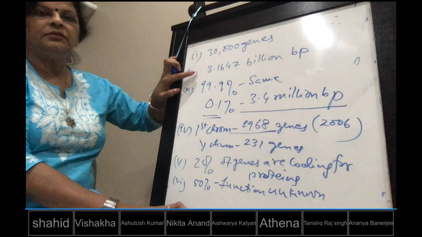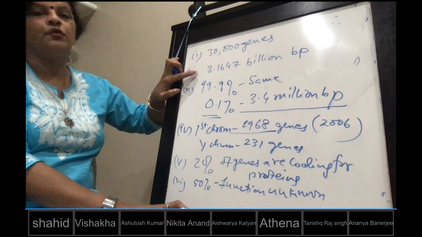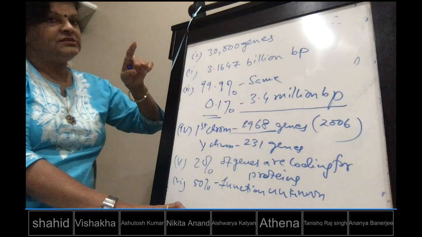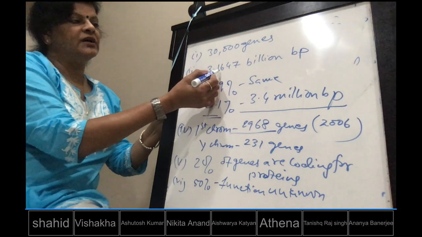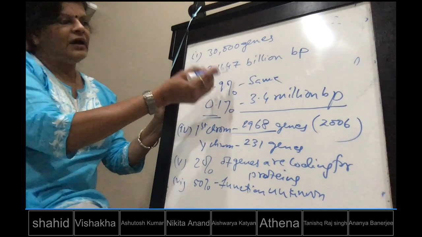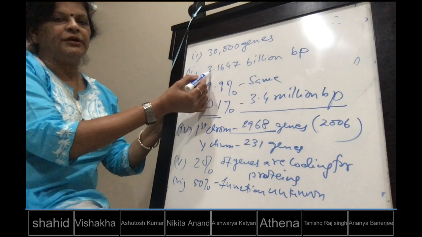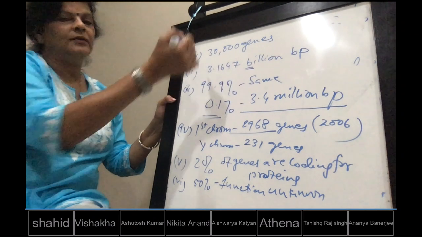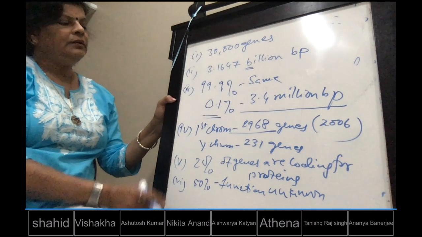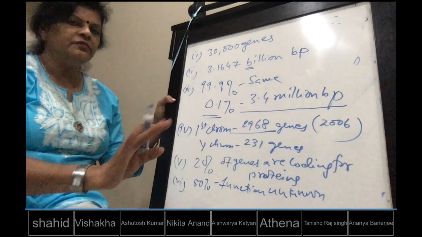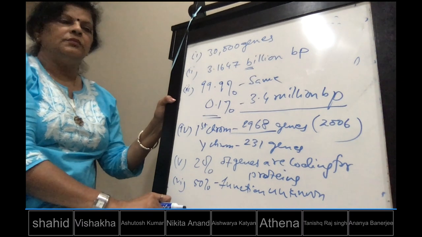What is the number of base pairs? 3.1647 billion. In your NCERT it is written as 3164.7 million. So I have just changed this, I have put the point here. So 3.1647 becomes billion. And 99.9% is the same for all humans.